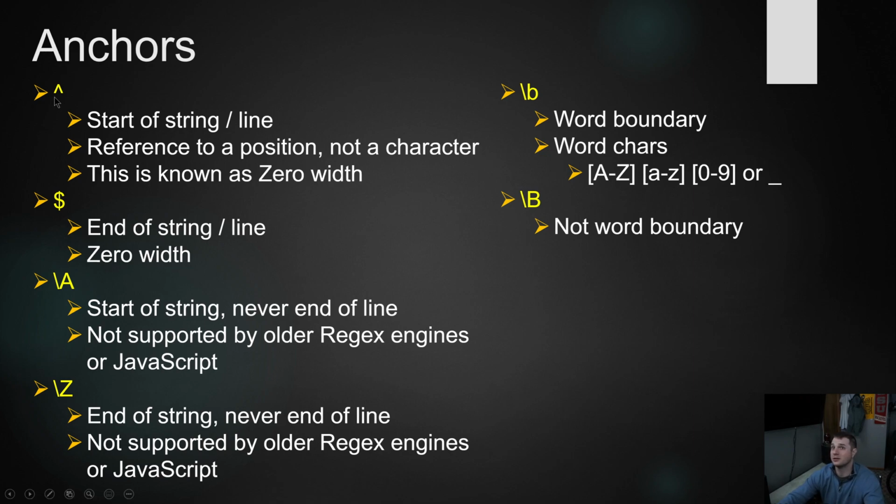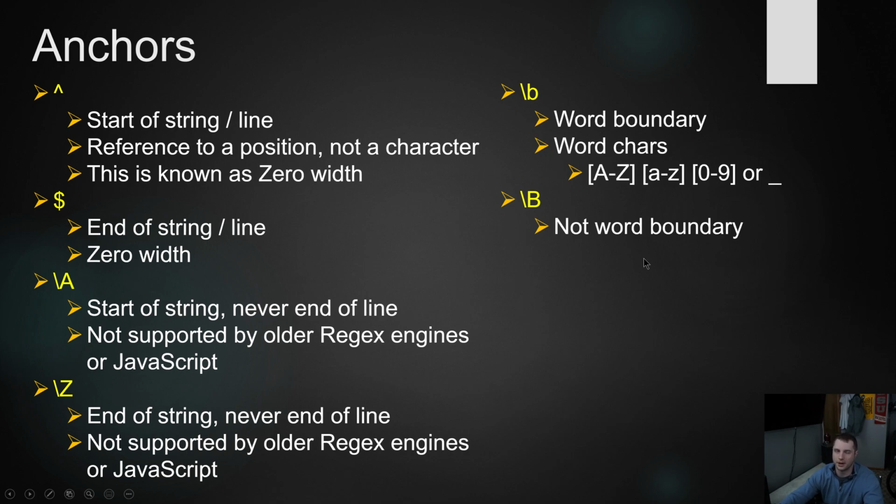So anchors: ^, start of the string line. $, end of a string line. \A, start of a string, never at the end of a string. \Z. And to be clear, I've never used \A and \Z, but they do exist. End of a string, never the end of the line. \b, word boundary. So here are your word characters.